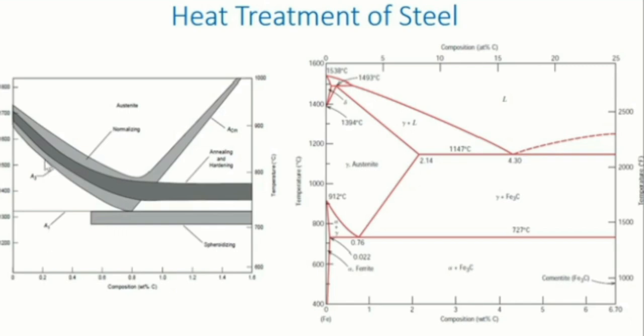Can you see my mouse head? Yes, sir. Then you heat 55 degrees above the A3 or ACM. So the V depends on the carbon content. If your alloy is 1.2 here, then you'll have to heat up to the V, then at least 55 degrees above it, somewhere around here. And that's the normalizing temperature. And then you cool.